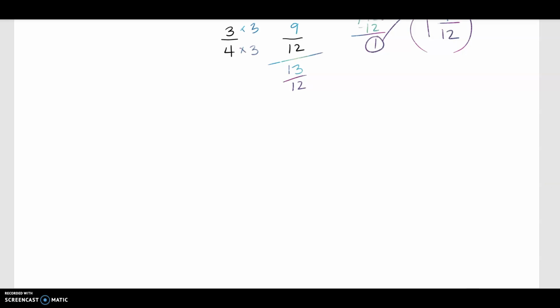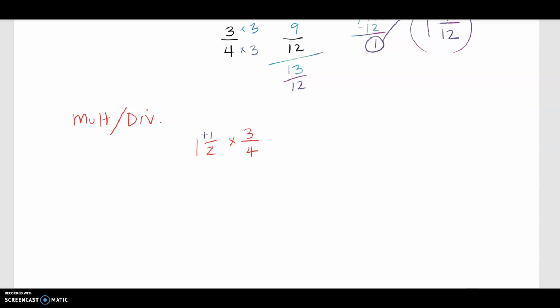The next piece is multiplying and dividing, okay? If you're multiplying a fraction, if I have like 1 1/2 times 3/4, with either multiplying or dividing, you do need to change them to improper fractions.